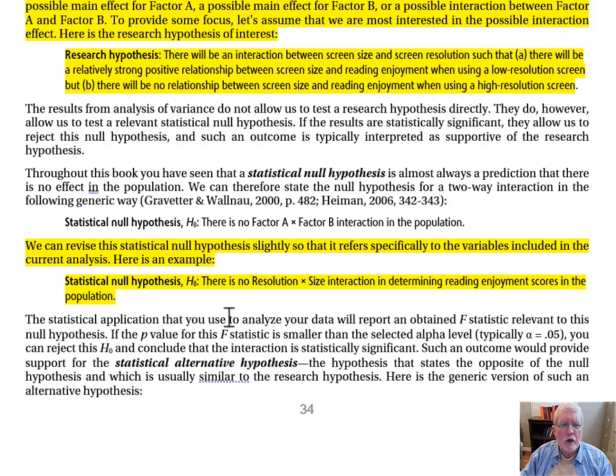Here's an example null hypothesis: there is no resolution by size interaction in determining reading enjoyment scores in the population. Remember, the null hypothesis is the one that the researcher almost always hopes to reject. And by the end of the analysis, we hope we can reject this null hypothesis, which says there's no interaction.